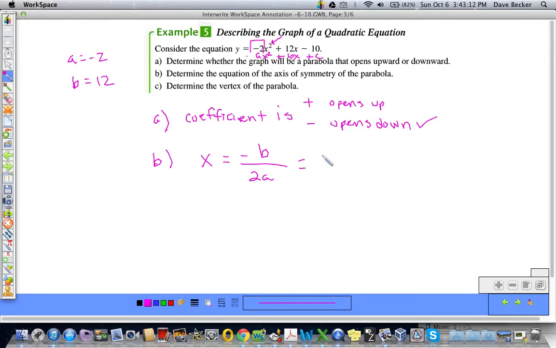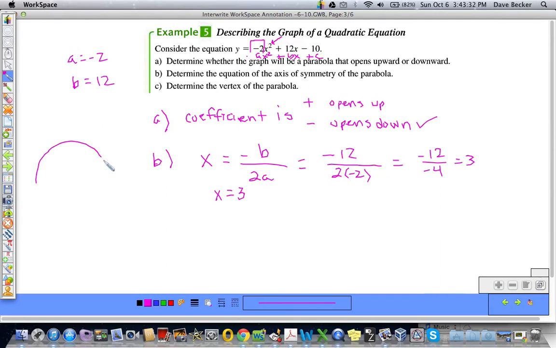So this would be -12 over 2 times -2, which is -12 over -4, which is 3. So x equals 3 is the equation of the axis of symmetry.